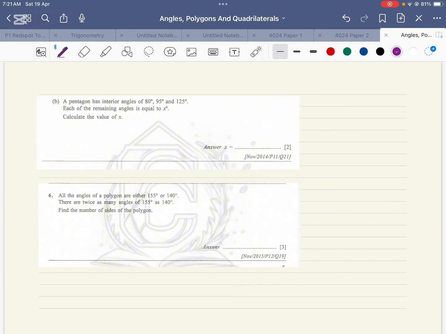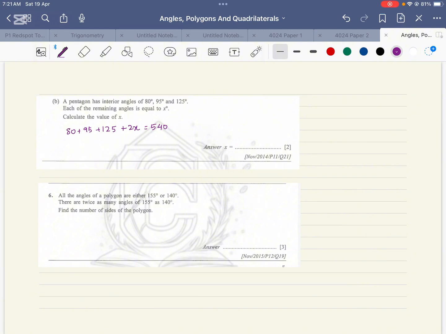The next question says a pentagon has interior angles of 80, 95, 125 and the other two angles are x, so 2x is equal to, the sum we know is 540.